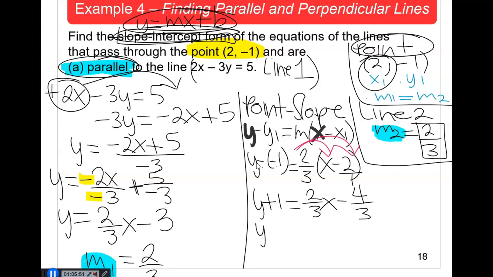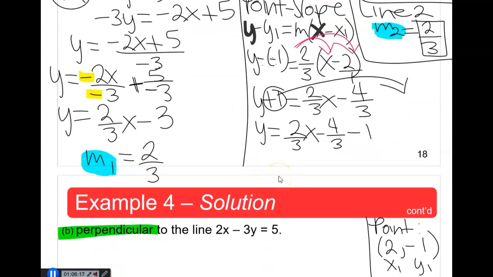So now I'm going to solve for y because they want my answer in slope-intercept form. So I'm going to take that positive 1 across the equal sign, and it's going to be subtracting. So 2/3 of x minus 4/3 minus 1. Now, a negative 1 in terms of thirds is equal to 3/3.